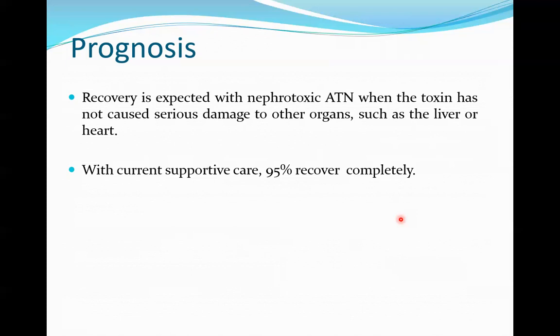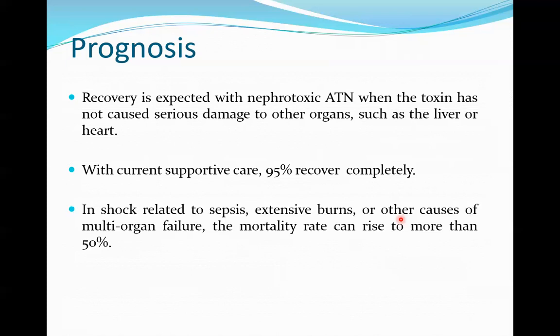But if it is shock related to sepsis, extensive burn, or other causes of multi-organ failure, meaning liver and heart are involved, the mortality rate can rise to more than 50%.